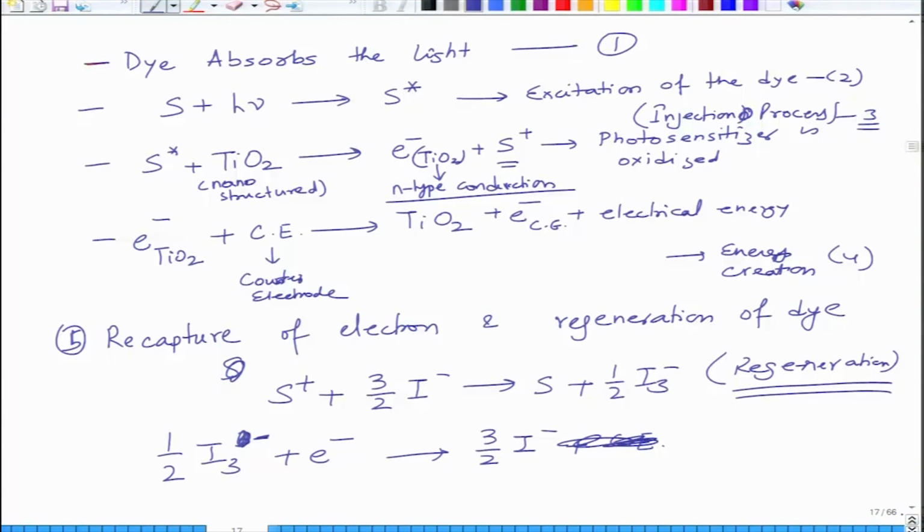So we have the redox reaction and then diffusion to the counter electrode, where the oxidized redox mediator is reduced to I minus ions. Okay. So this is step 5 and this is step 6. These 6 steps complete the process of electricity generation in dye sensitized solar cells.